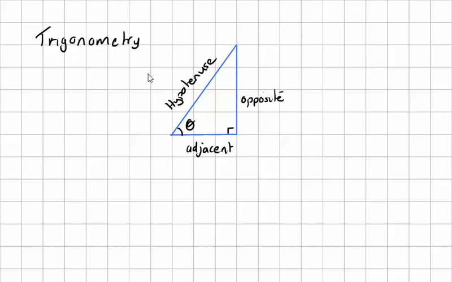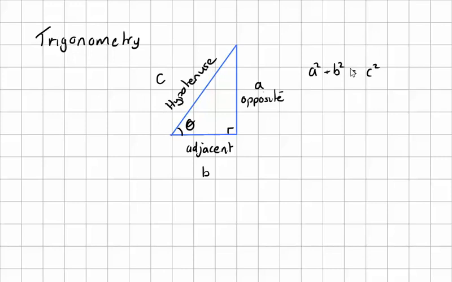The hypotenuse always had what letter? C. So that was C, and these two were A and B, and it didn't matter which way round. And we knew that A squared plus B squared equals C squared. So the two shorter sides squared add up to make the longer side squared.